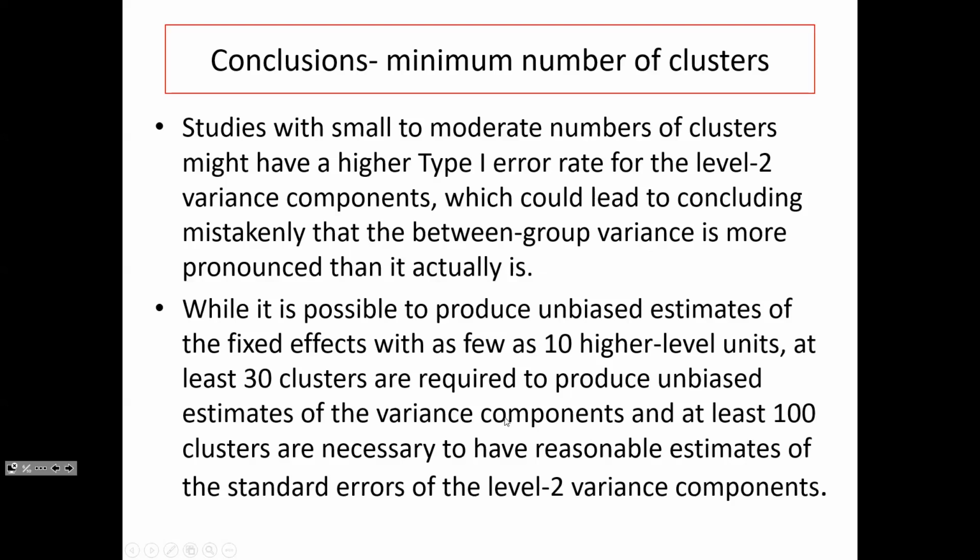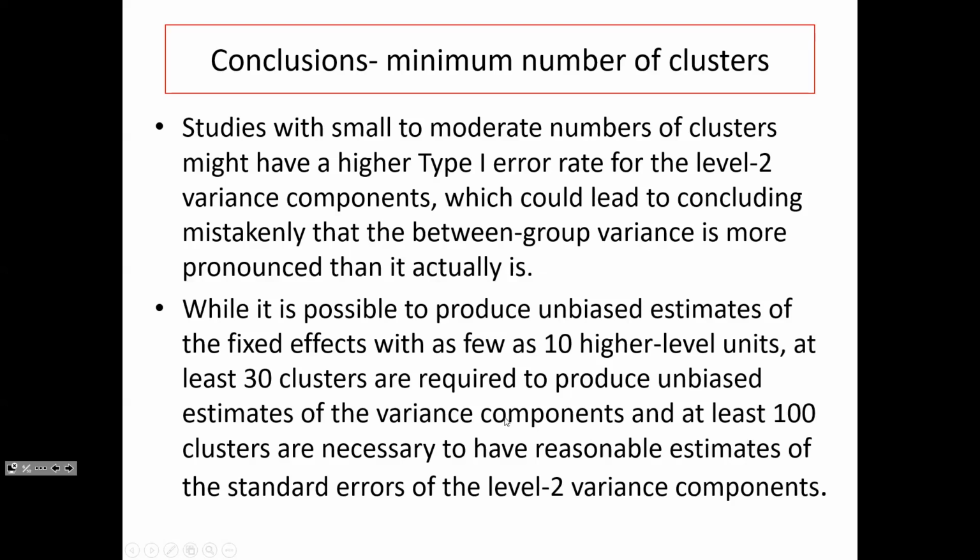Think about how this applies to growth models. I've been framing this in terms of organizational models, but assume it's a 2-level growth model, so we've got observations across time nested within person. We often have a decent number of people.